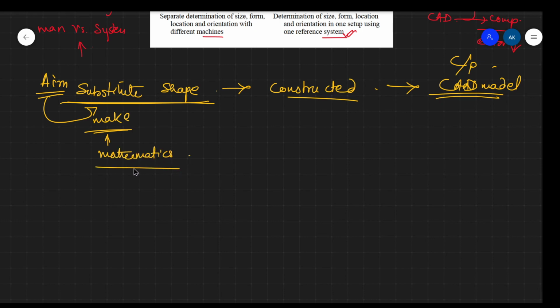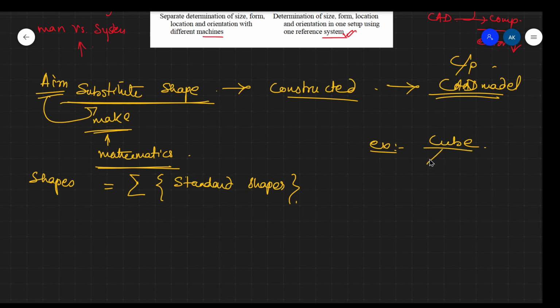Fine. So all the shapes are a combination, or a summation, of a few standard shapes. For example, if I make a cube, then the cube is made up of 6 planes, 12 edges, and 8 vertices.